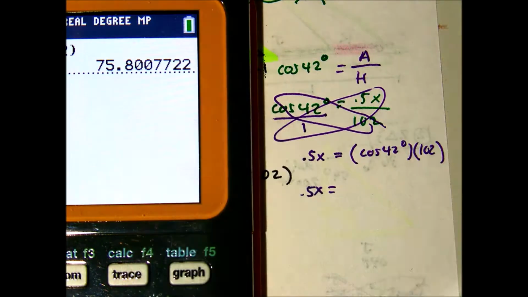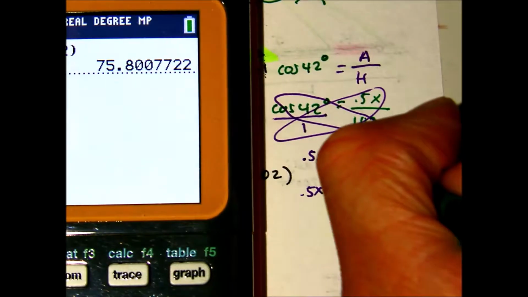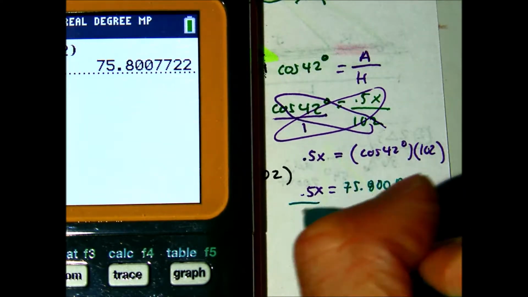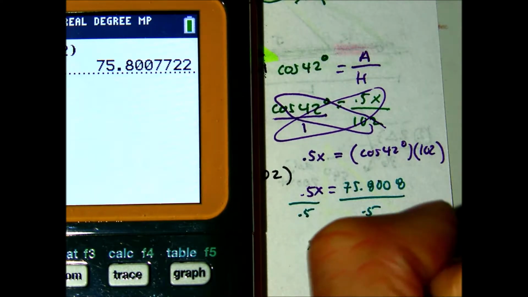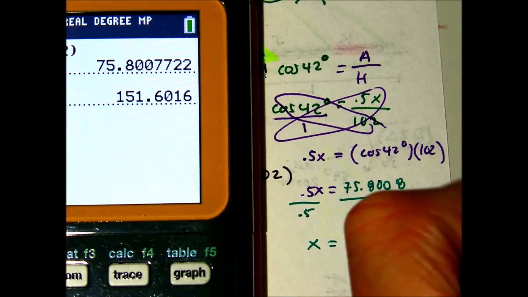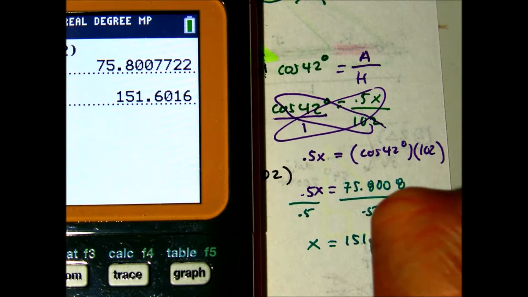And if I divide both sides by 0.5, you get that x is approximately 51.6. And for sides, I believe you're rounding to the nearest tenths. And this is our answer.